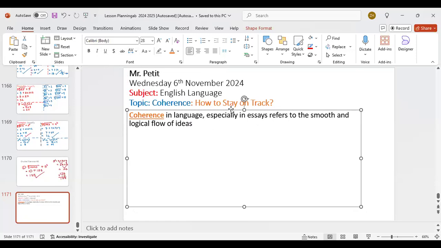We're almost done. So coherence in language, especially as it refers to the smooth and logical flow of ideas, making the content, shall we say, understandable and easy for the reader to follow.